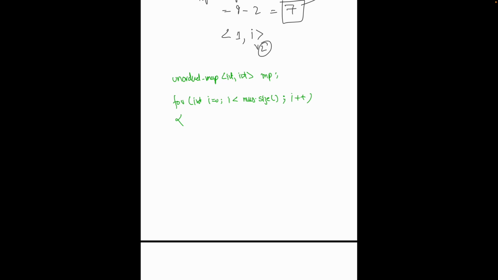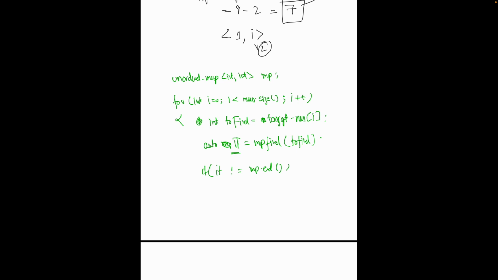Then you can just say int to find is equal to target minus nums[i]. And then you can do an auto iterator is equal to mp.find(to find). If the iterator is returned as non-null, let's do if iterator is not equal to mp.end().